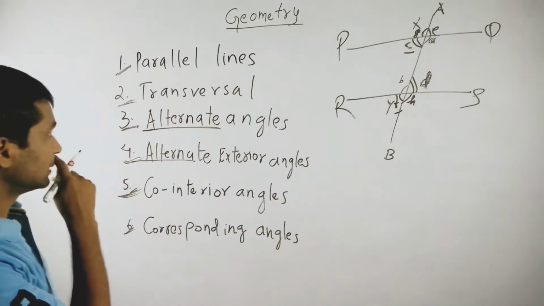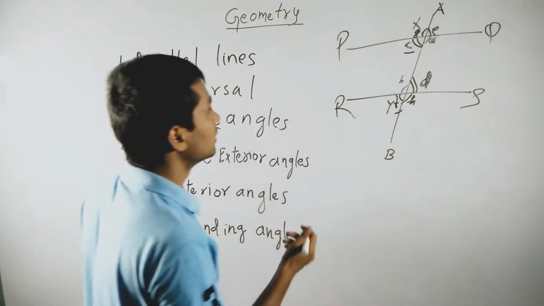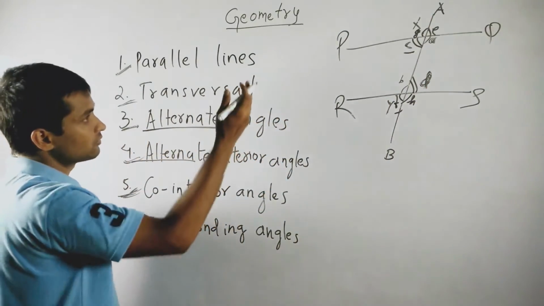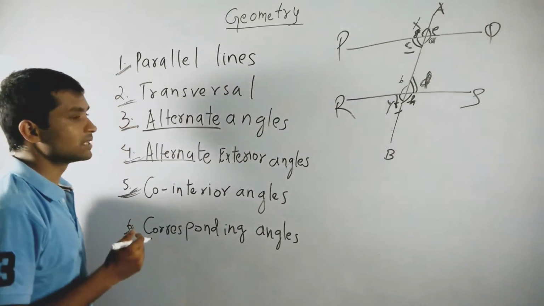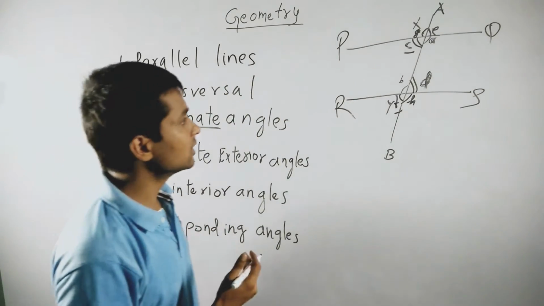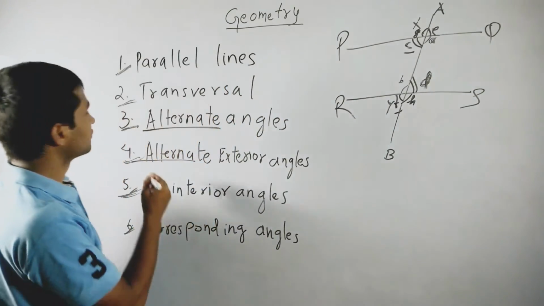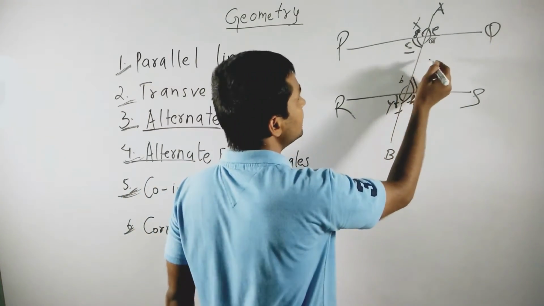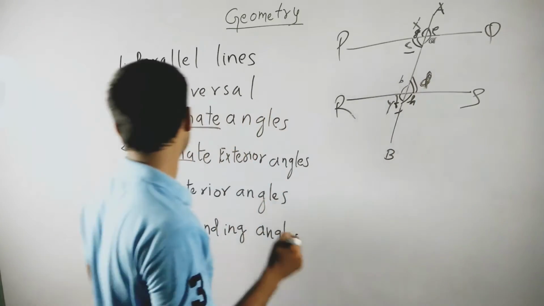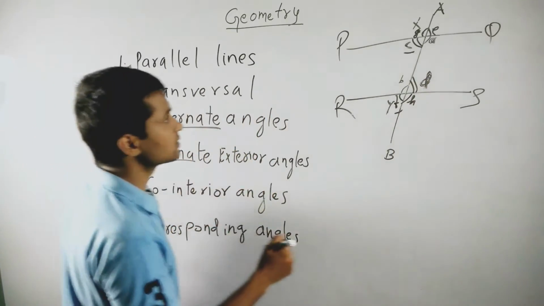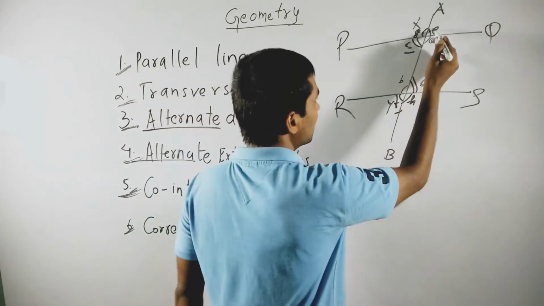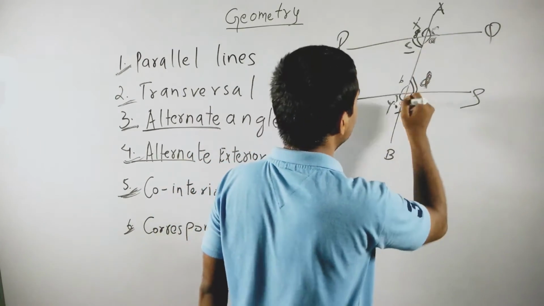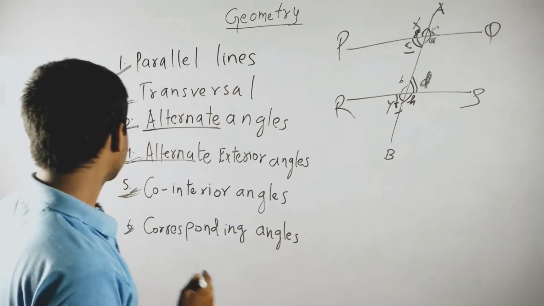And when a transversal is formed, different angles are formed, and we name them differently based on their types. First one is alternate angles, lying on the alternate sides, for example A and B. Second is alternate exterior angles. These are also alternate but lying on the exterior sides, E and F, for example.